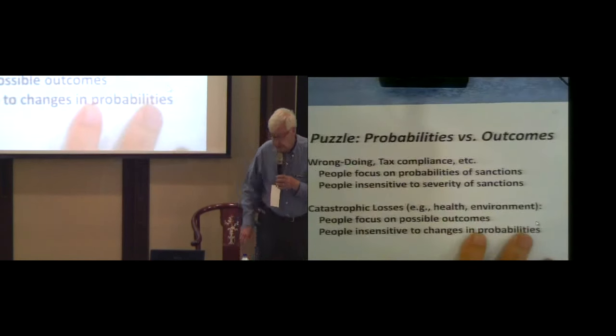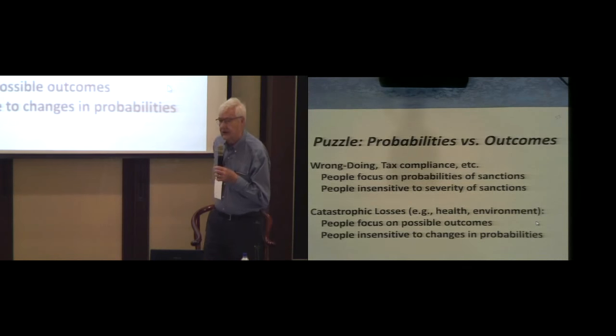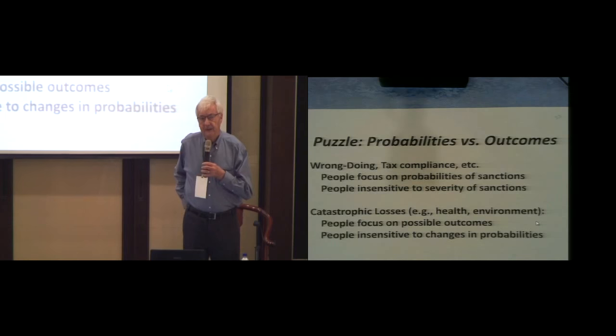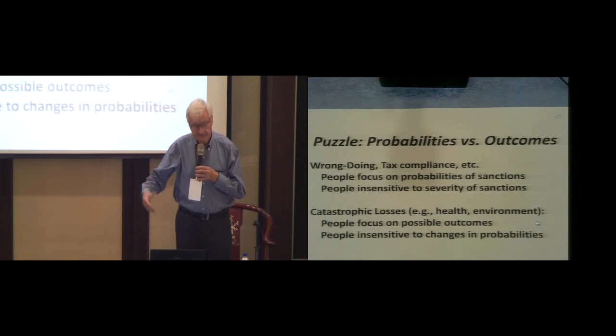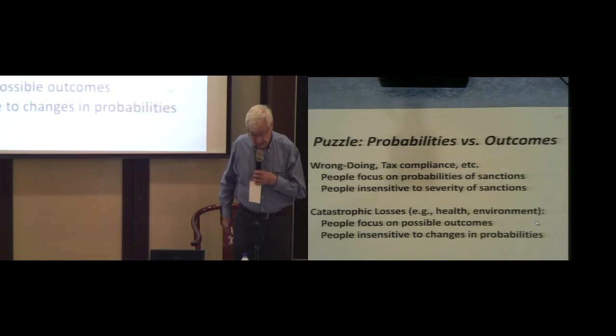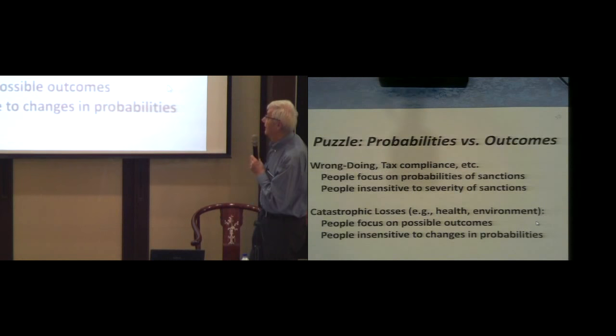The thing that, just to give an example of what Echo was talking about, in terms of the small probability, the probability influencing decisions or the outcome influencing decisions. And the general sort of pattern is that things like wrongdoing, cheating on taxes, criminal activity, things like that, the people who engage in those activities, they tend to worry and focus on the probability of getting caught.